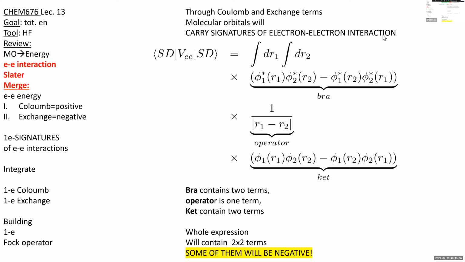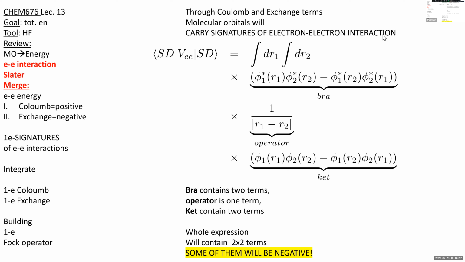Make sense? Yes. And so it will be the ket, and the bra will be the same thing but with little stars. Okay, so our multi-electron Slater wave function, Slater determinant, is this bra and ket of this.